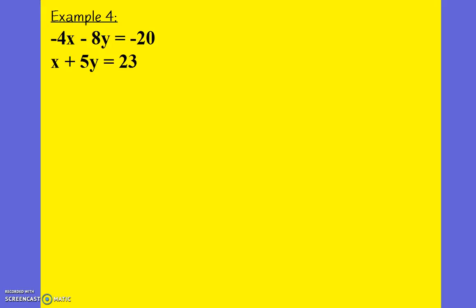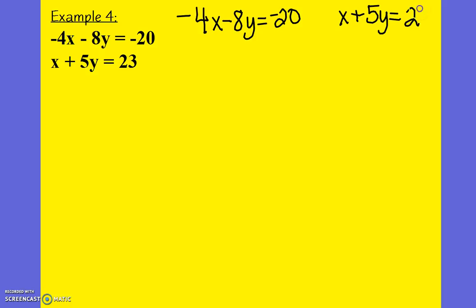Okay, on example number 4, we have two equations again. I have negative 4x minus 8y equals negative 20. The second equation is x plus 5y equals 23. So when you look at these equations, we don't have one where we have a variable that's isolated.